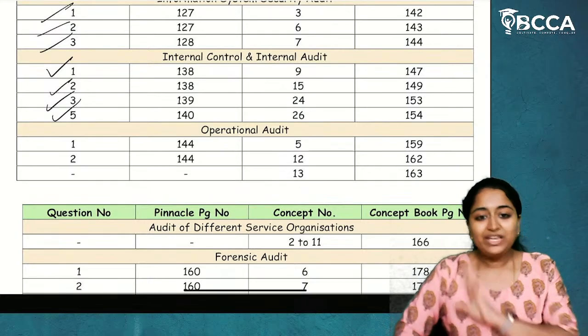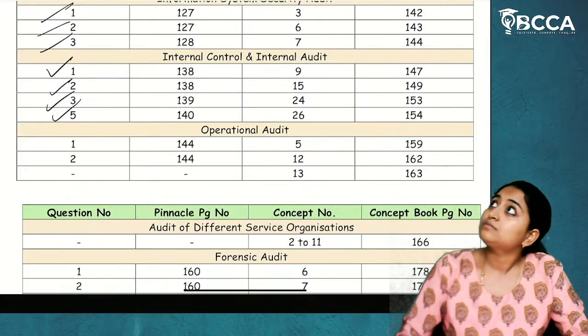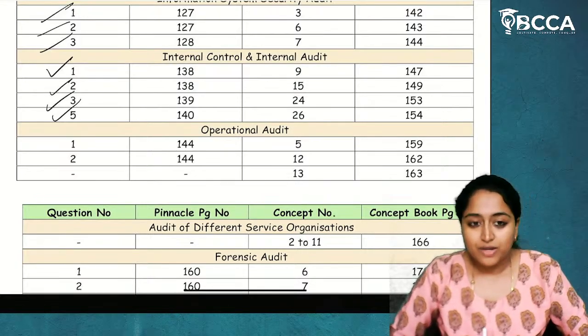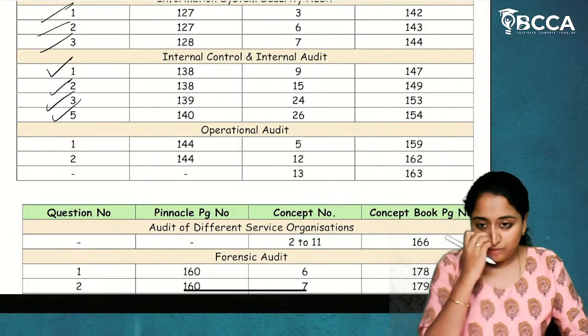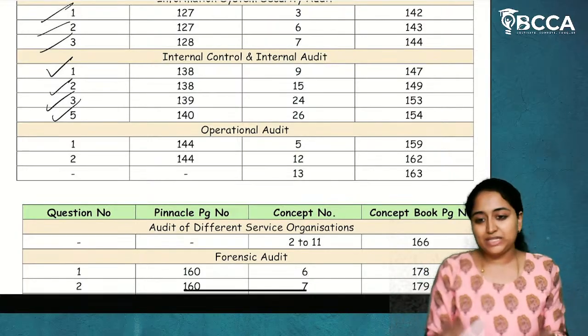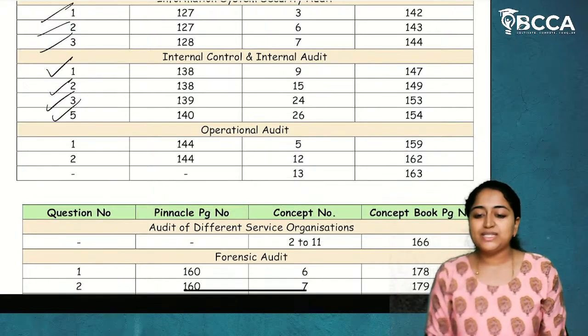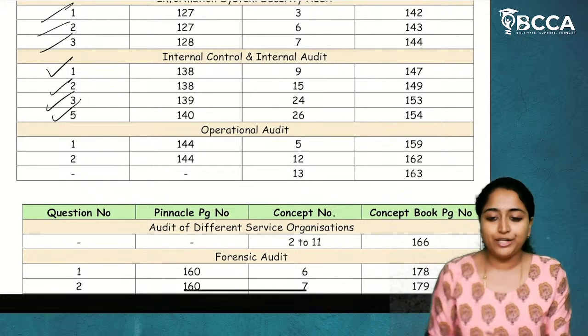Now, we are moving on to the last unit for today's schedule, which is operational audit, from Section C, internal control, internal audit, and operational audit and other related issues.